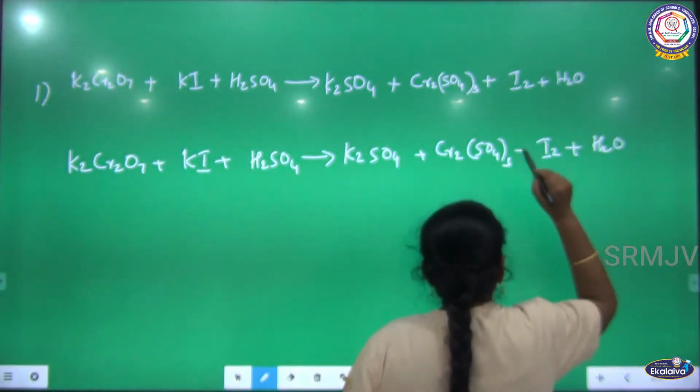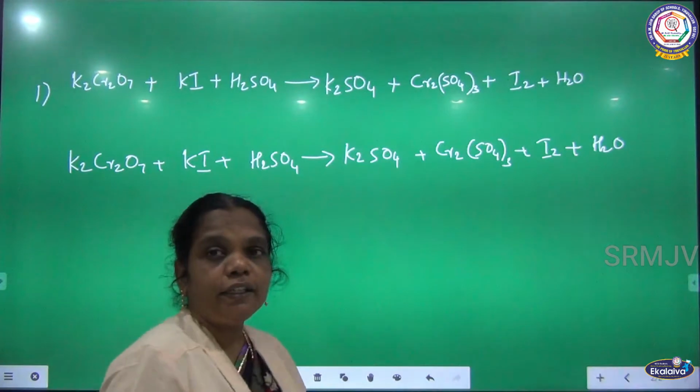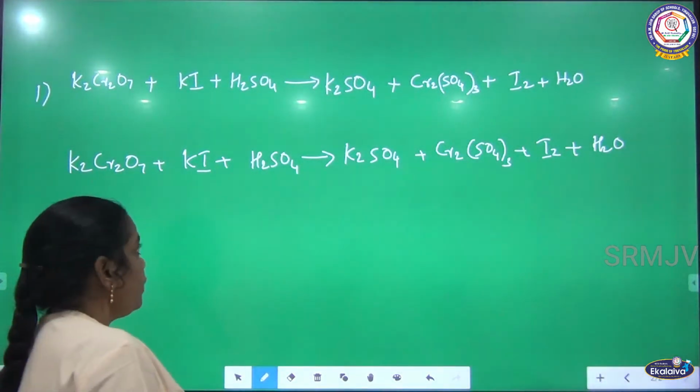Now you have to assign the oxidation state to each and every atom in the given equation.